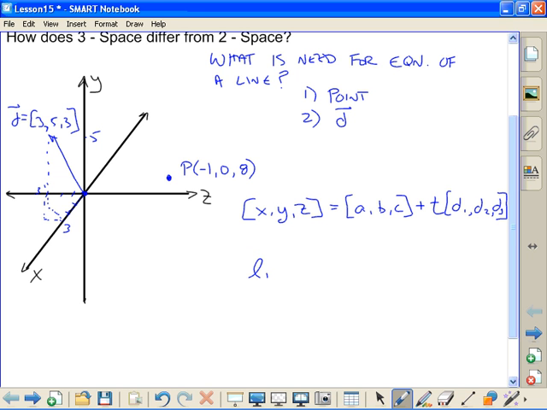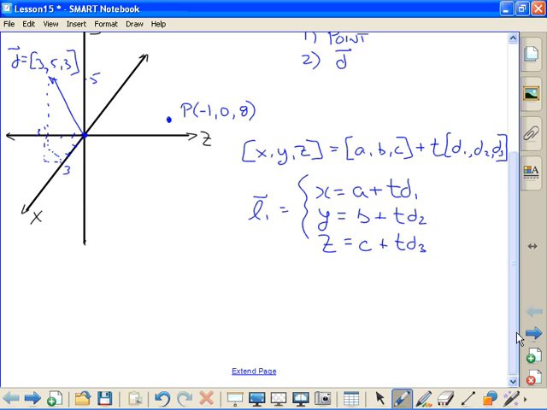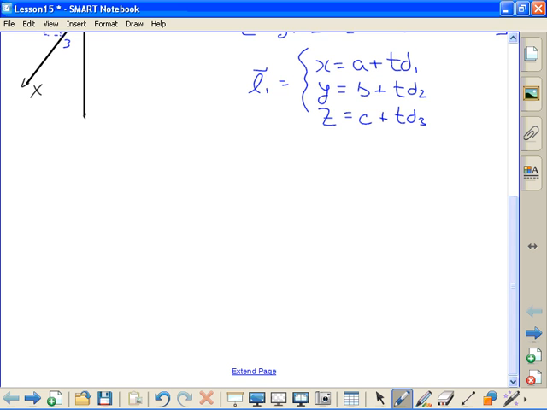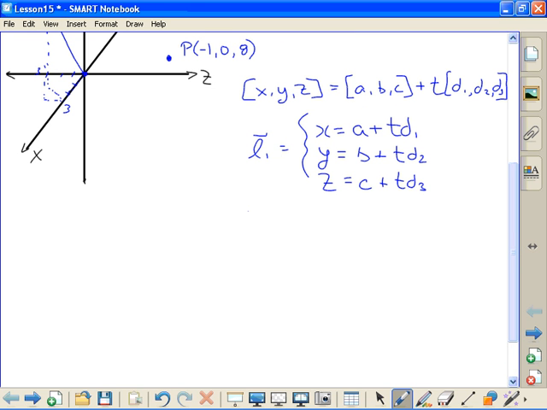Parametric form of a line in 3-space: x would equal a plus t d1, y would equal b plus t d2, and z would equal c plus t d3. And symmetric form would be (x minus a) over d1 equals (y minus b) over d2 equals (z minus c) over d3.